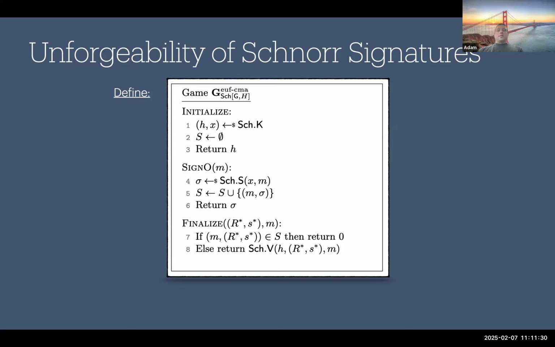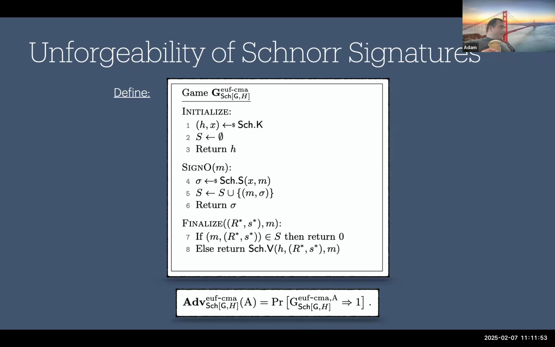The input to the finalize procedure is the output of the adversary. It outputs R prime, R star and S star as its purported forgery, and then M is the forged message. And then you define advantage in the obvious way. It's just very simple.